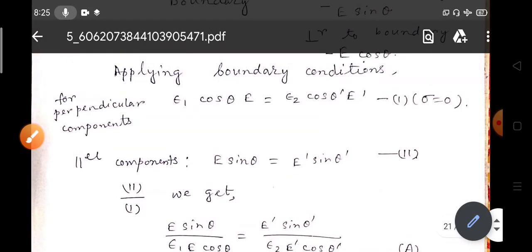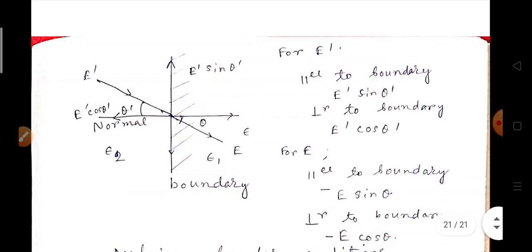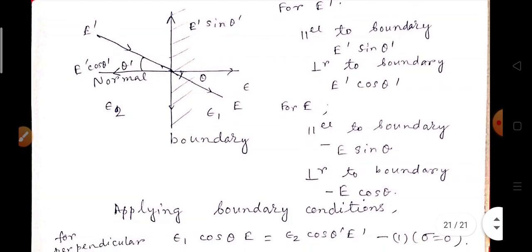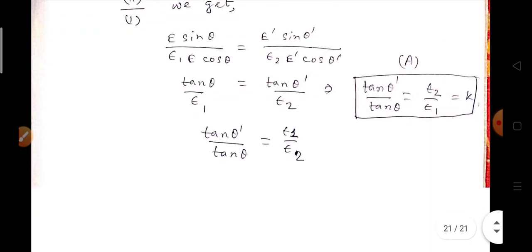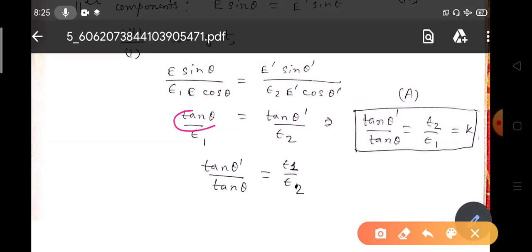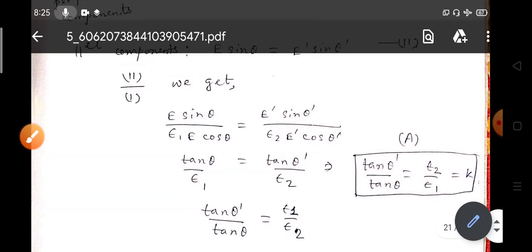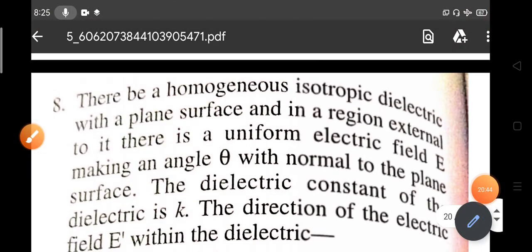Here epsilon 1, epsilon 2 are the dielectric constants of the two media. After simplifying you get tan theta by epsilon 1 equals tan theta prime by epsilon 2, or tan theta prime by tan theta equals epsilon 2 by epsilon 1 equals K. K is given as the dielectric constant of the medium.